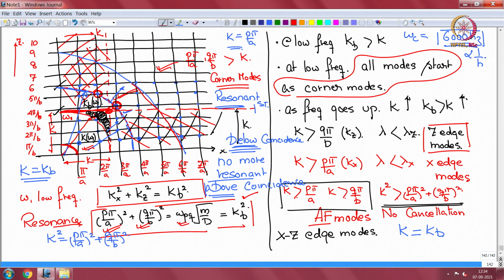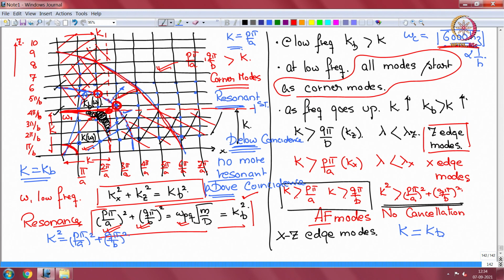So both of them come together in one place. So that's actually the coincidence which I am speaking of here, which is also rare. Now at that point what happens is the modes through which the KB line moves are resonant and they are also above coincidence.